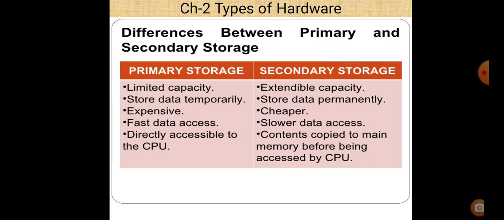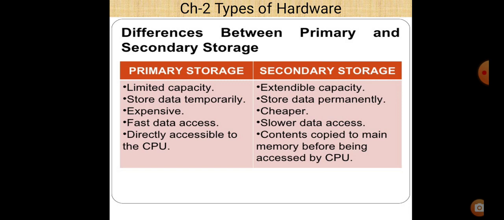When we talk about primary storage, basically we mean RAM, random access memory, and when we talk about secondary storage in our computer system, it means the hard disk. So first of all, data goes from the hard disk to RAM and then it is transferred from RAM to the CPU.